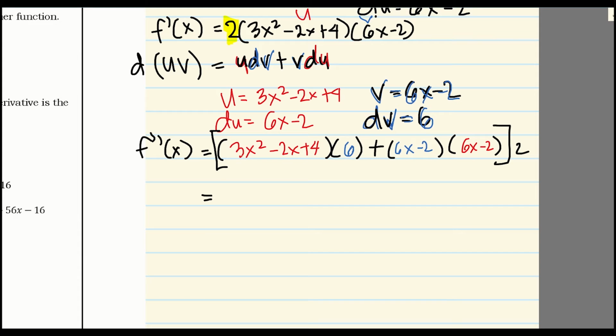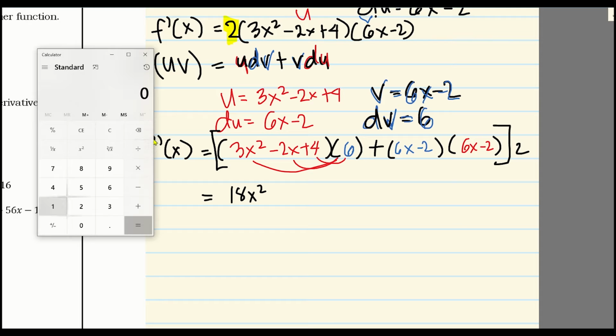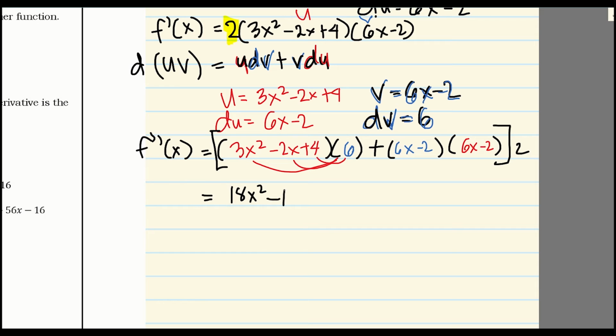Okay, so no more deriving to be performed, just simply multiplying. So 3x squared, we will use this method. So 6 times 3, 18x squared, correct? 3 times 6 is 18, minus 12x plus 24.